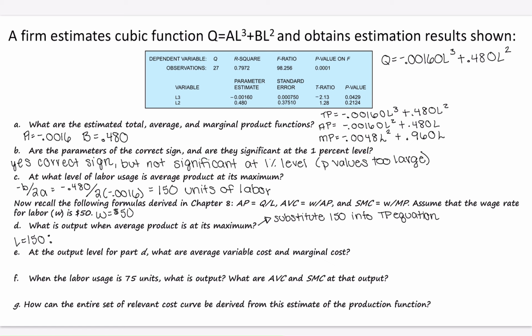So that means we're going to have Q equals negative 0.0016 times 150 to the third plus 0.480 times 150 squared, which equals 5,400.